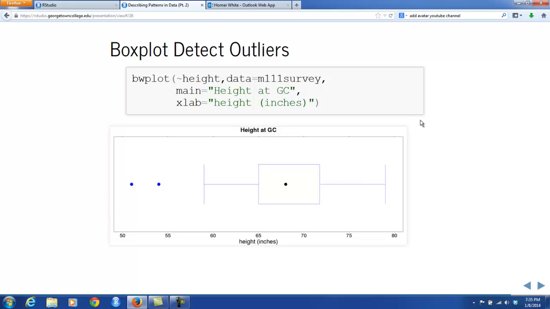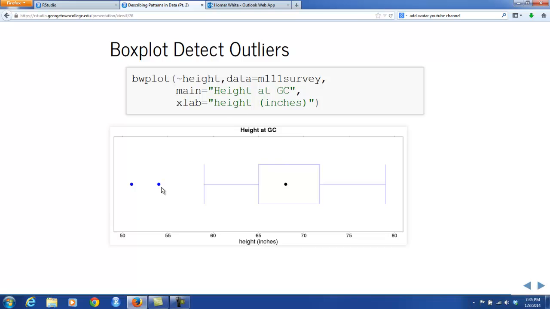But in practice, things will vary from this just a bit. So here we have a box plot of people's heights in the Math 111 survey data. And what we see is that there are two special dots off to the side. There were two people who were so short that they were considered outliers.